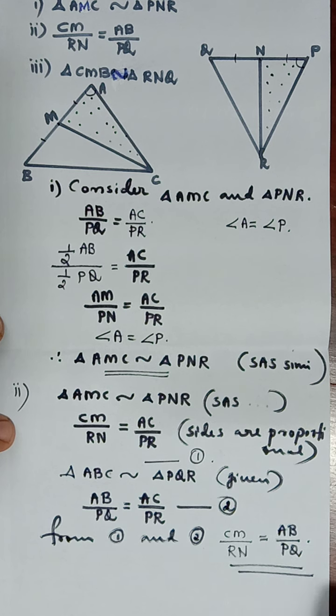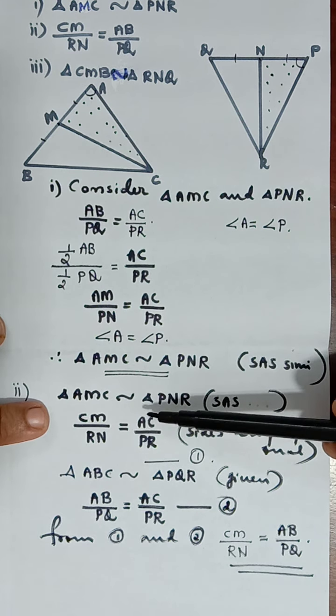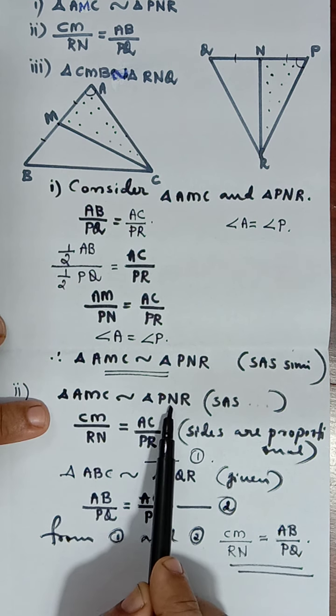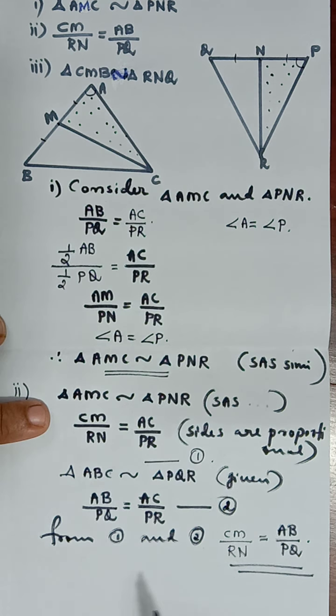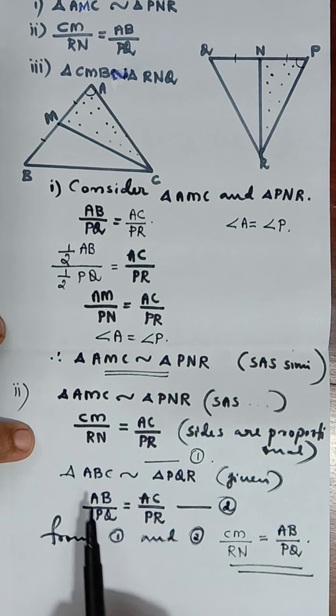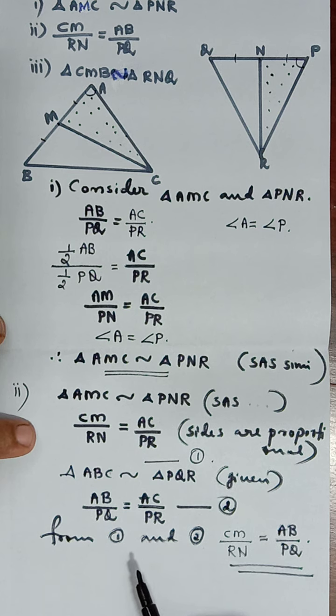Here you have to see the figure and see, already we have proved AMC similar to PNR. Therefore CM by RN, AC by PR. Similarly, in triangle ABC similar to triangle PQR, we have AB by PQ is equal to AC by PR. Don't worry, don't learn by heart.